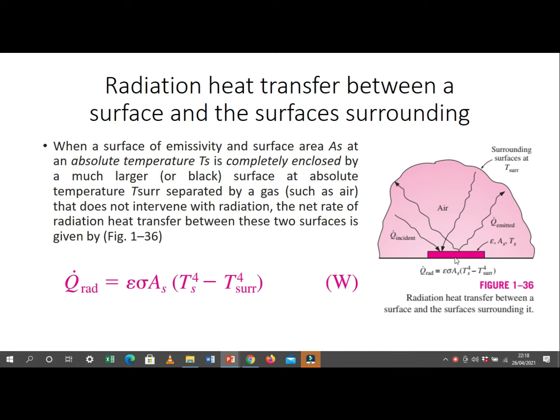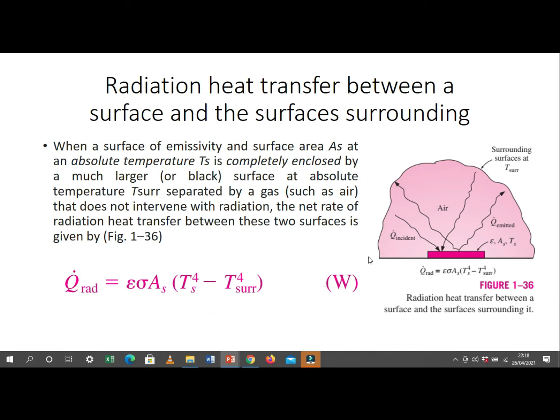So the temperature of this object is greater compared to the surrounding surface. This is the surrounding surface which has the temperature T surrounding. T surrounding is less than the surface temperature. So the radiation heat transfer between this object and the surrounding surface would be given by this formula.